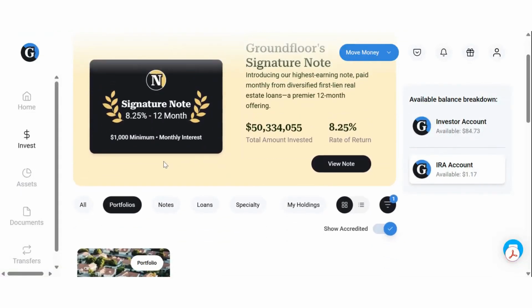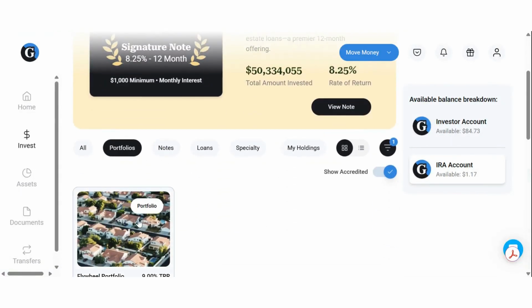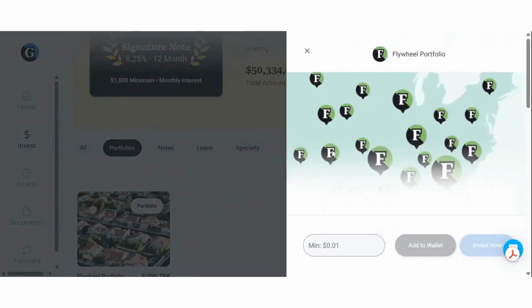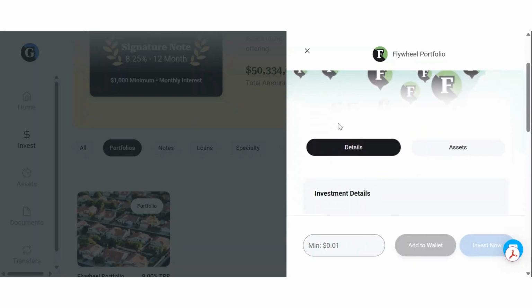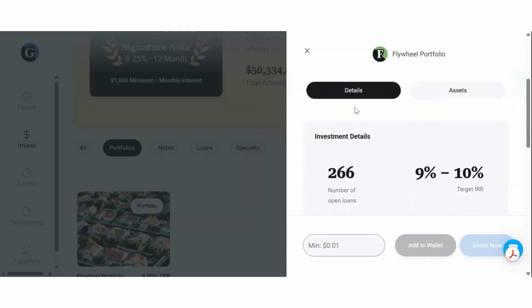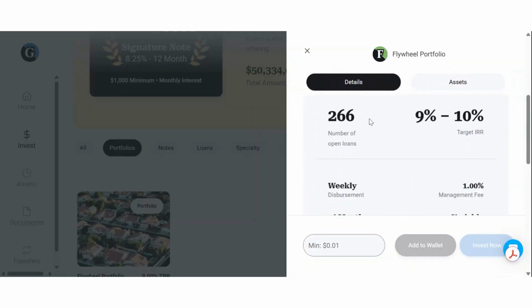The last thing I'm going to show you is the Flywheel portfolio, where Groundfloor does all the work of allocating different amounts of money into all these individual properties, and you get a roughly 9 to 10% return. You don't even have to pick and choose how much you want to put, you just need the total amount. So it's a simpler way of you putting money towards all these individual loans.